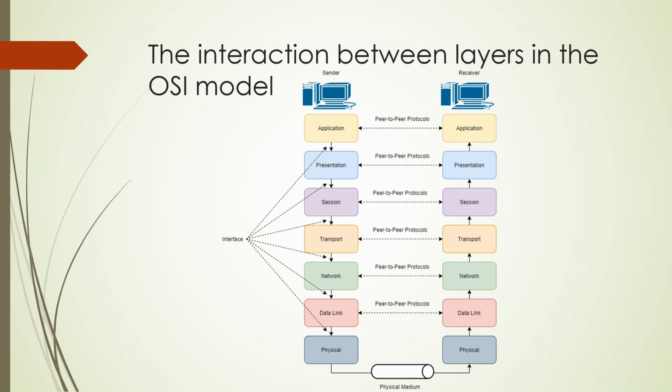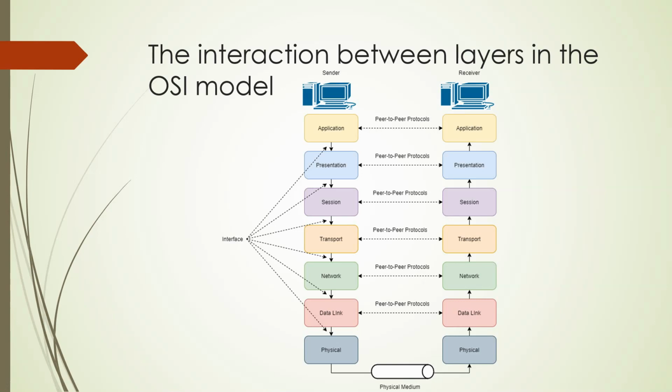So with this diagram, we can understand that whenever a sender, which means a person who is the sender, is trying to send a mail, he or she will communicate with the computer with the use of the application layer. Similarly, on the receiver side, after the mail shifts from the physical layer to the application layer, the person sitting at the receiver side will communicate with the computer with the help of the application layer.